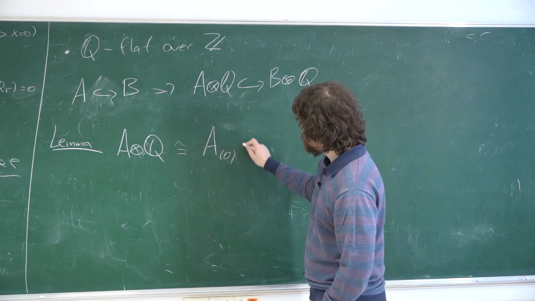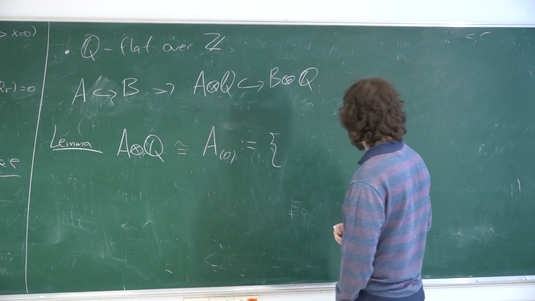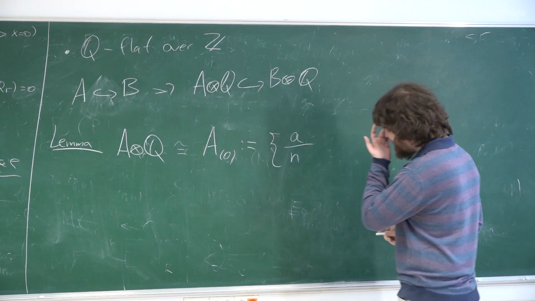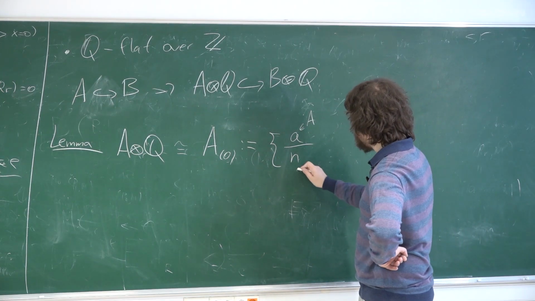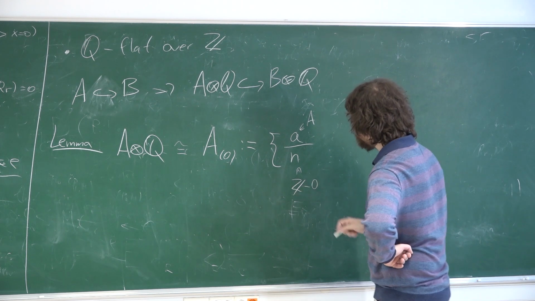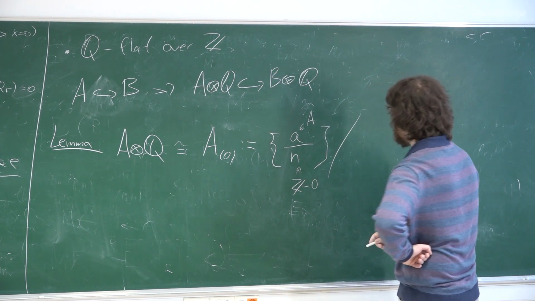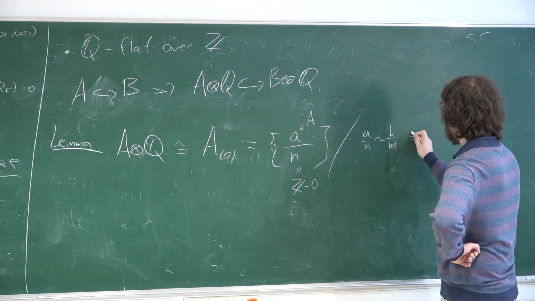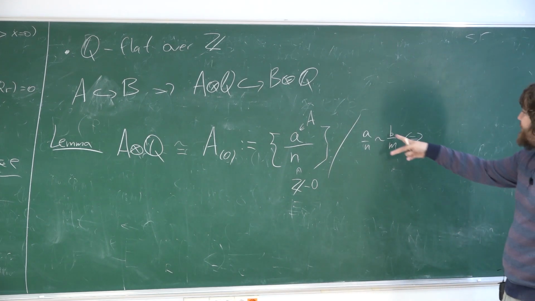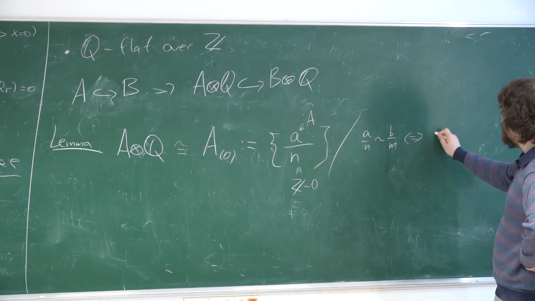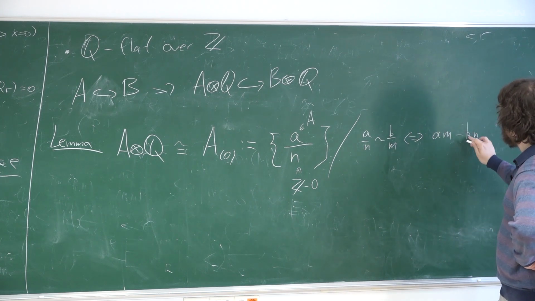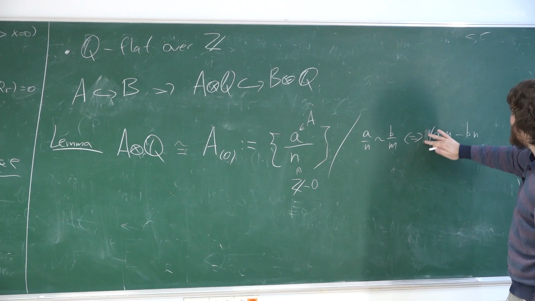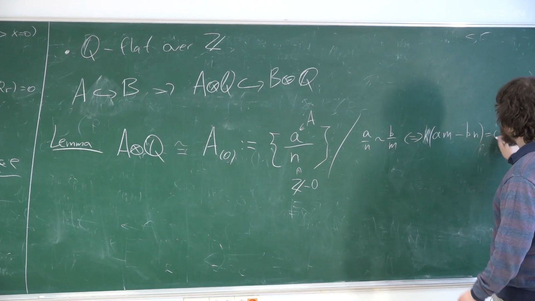It's by definition the set of fractions a over n, where a is from A, n is from Z without 0, modulo the relation a/m equivalent to b/n if the cross product an minus bm is maybe not 0, but it's torsion: after multiplication by some other integer k, it's 0.